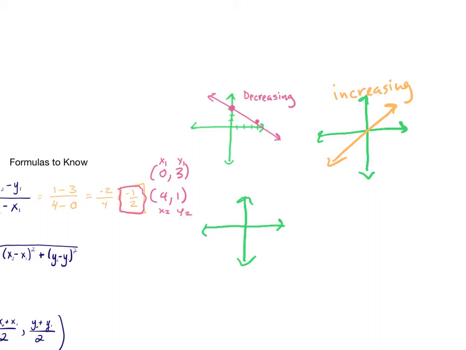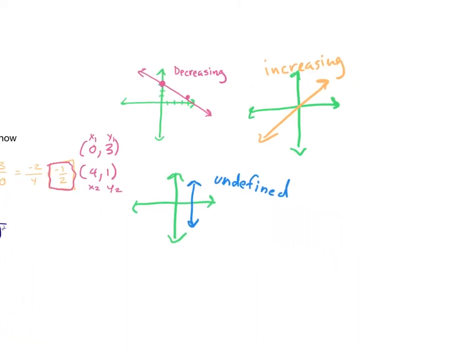If we had a line going straight up and down, here our slope would be undefined. And then our fourth type of slope would be if we had a horizontal line. So just a flat line. This we would have a slope of 0.